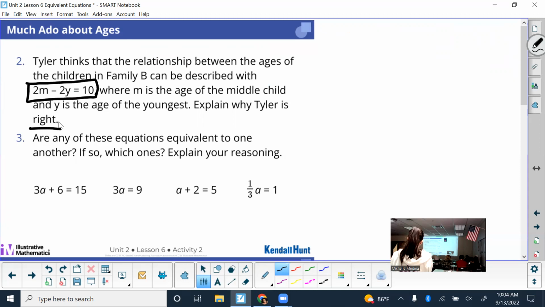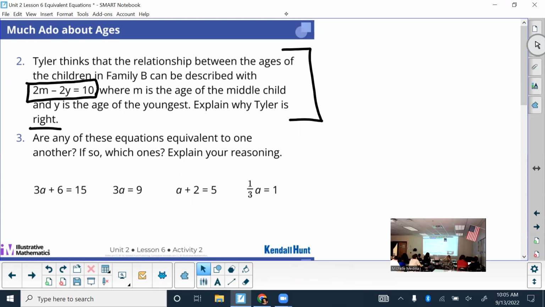So are we saying that he's wrong? No. Strategy for your test: when I give you a constructed response, I'm not going to give you something like that and then the answer is actually Tyler is wrong. We're telling you he's right. You just need to be able to explain why. So think about that for 1 minute, maybe write it down on the paper.